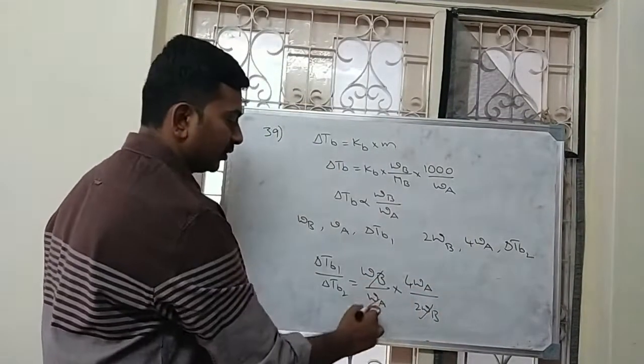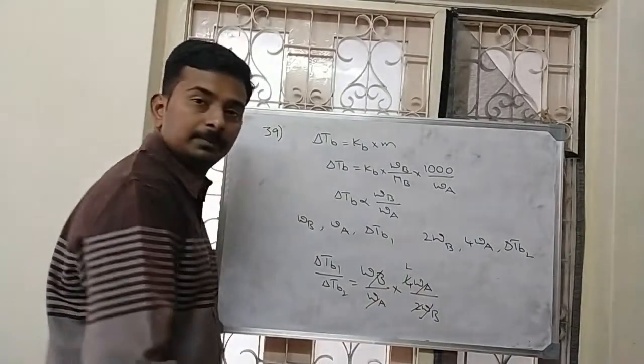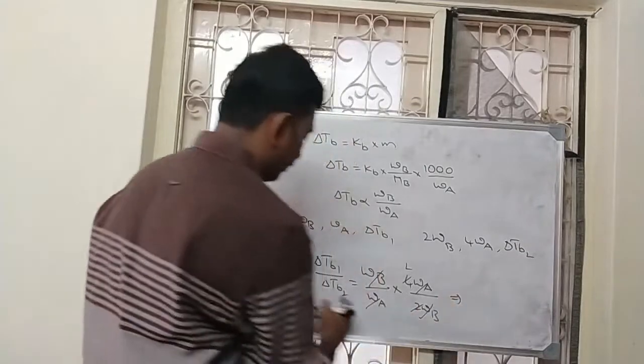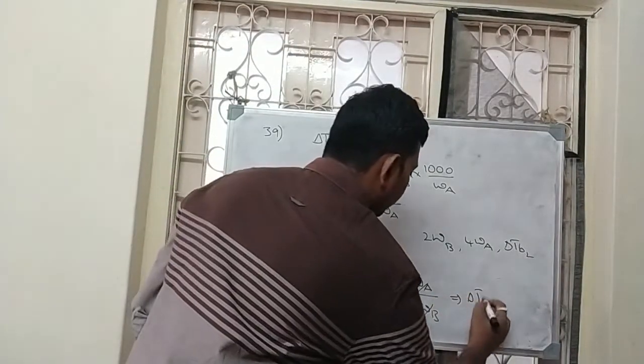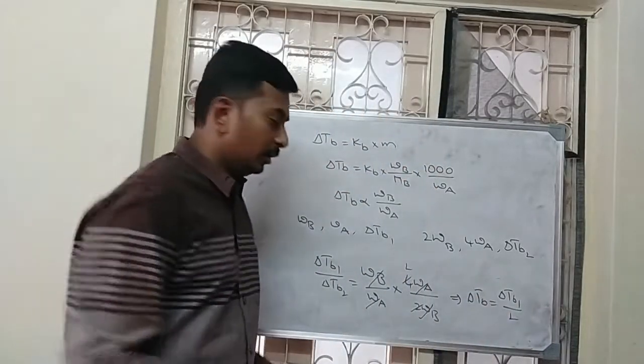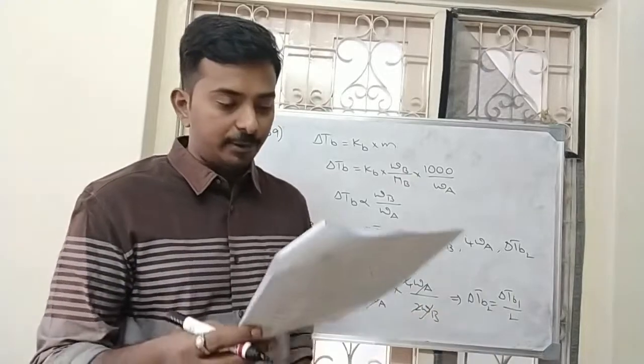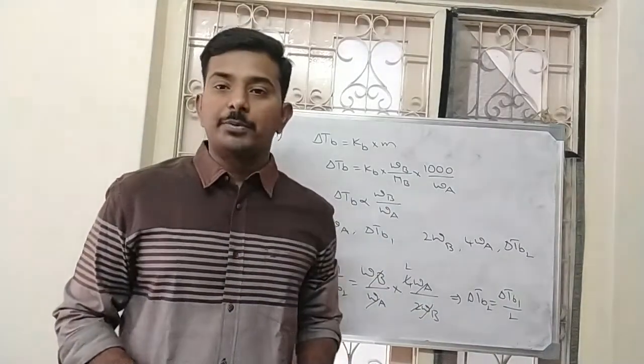So WB gets cancelled out, WA gets cancelled out, 2 by 4 gives 1 by 2. So what happens? Delta TB2 value will be equal to delta TB1 by 2. So what is happening to the elevation in boiling point? It is getting half. So the answer will be option B.